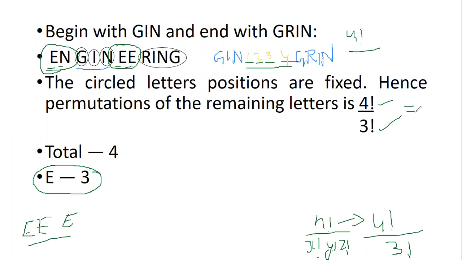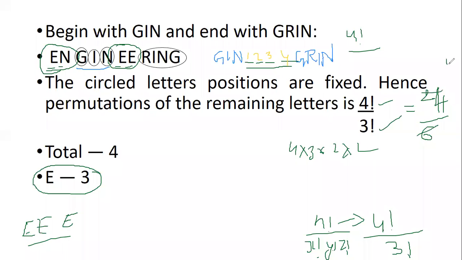What is 4 factorial? 4 into 3 into 2 into 1. So 4 3s are 12, 12 2s are 24. Then divided by 3 factorial, which is 3 into 2 into 1, 3 2s are 6, 6 ones are 6. So 6 4s are 24. Very good.